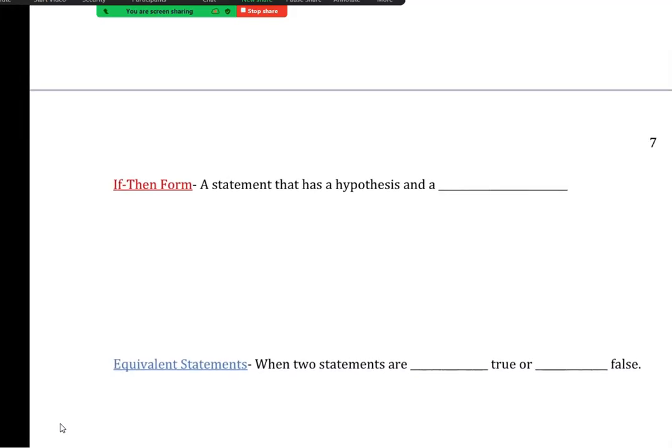Okay, a statement that has a hypothesis and a conclusion is in the if-then form. Okay, if it's in that form, it's a conditional statement.